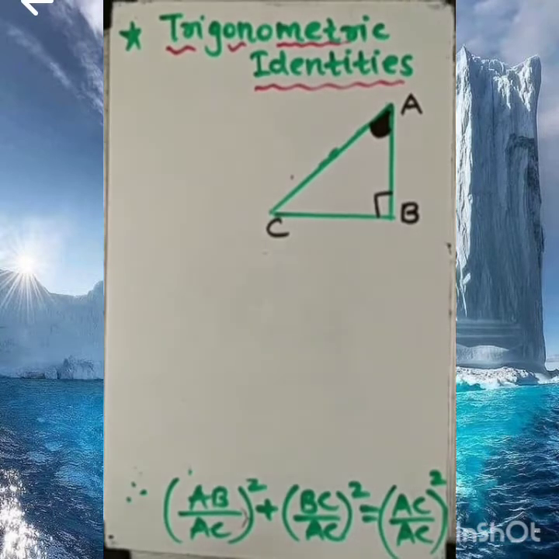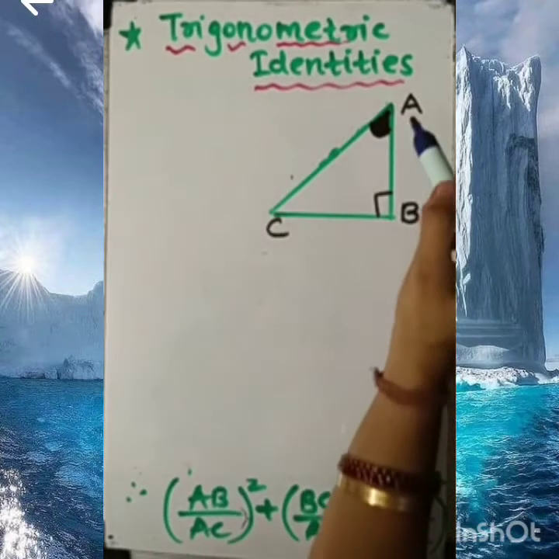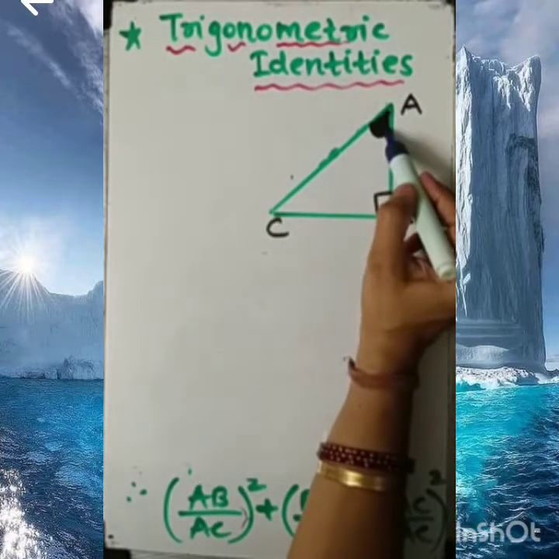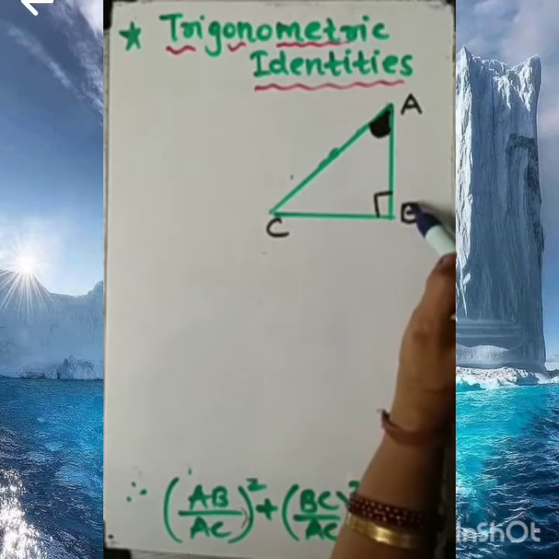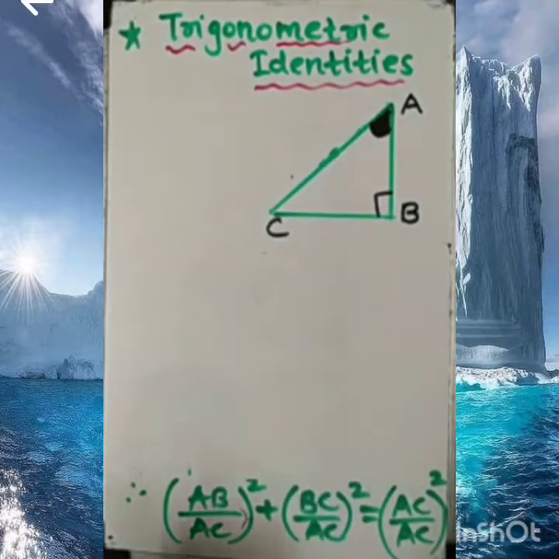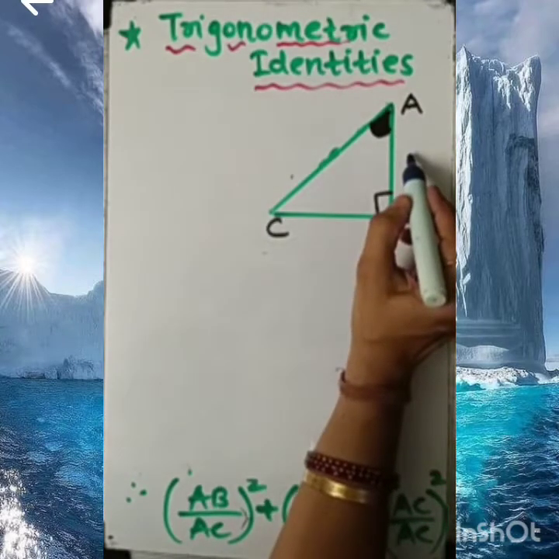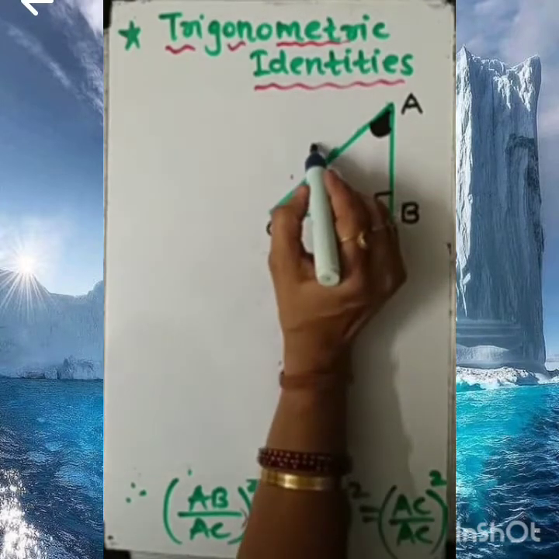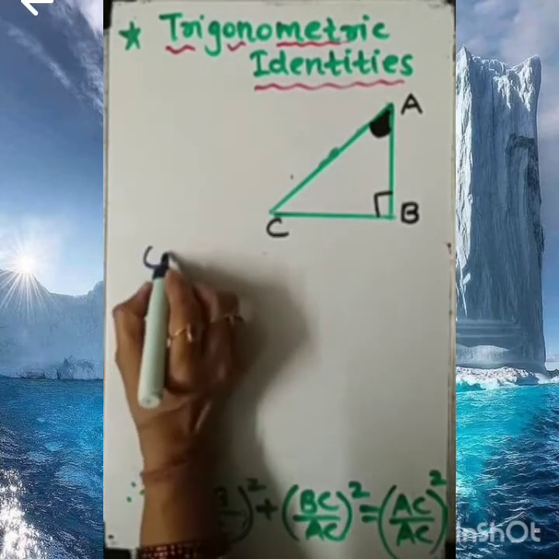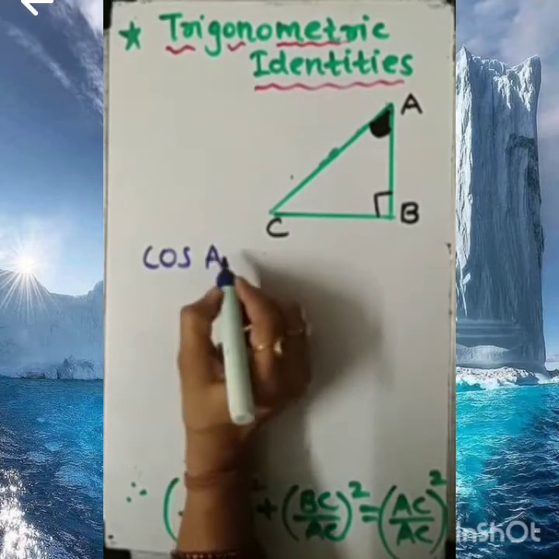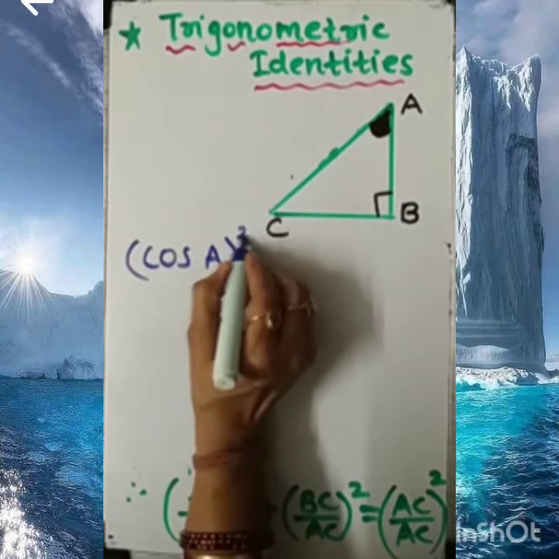Now next step, let's see what to do further. So my dear student, here AB upon AC. Now AB, for angle A, becomes the base and AC is the hypotenuse. All of you know very well, base upon hypotenuse gives cos. So I need to write cos A whole square.